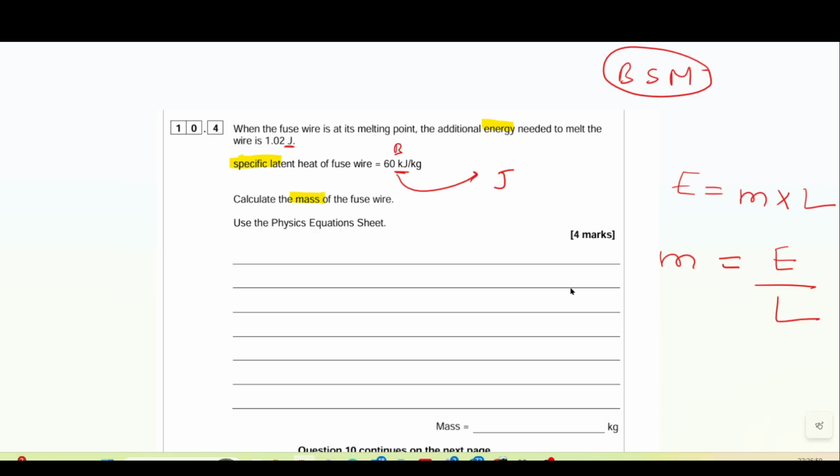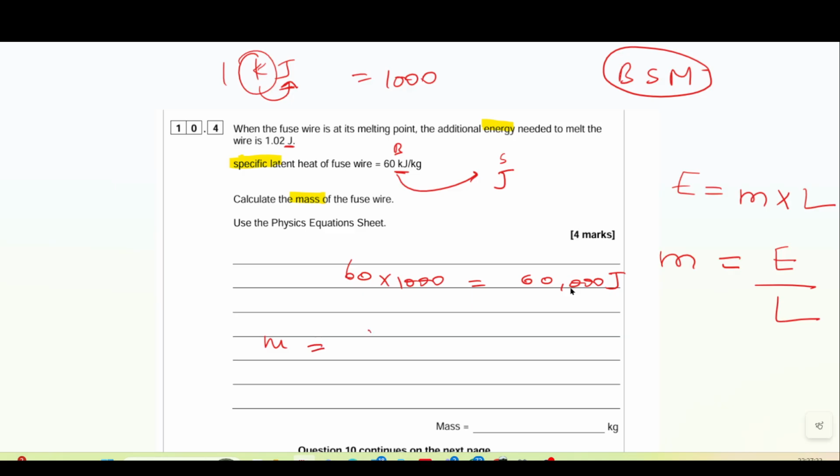Kilojoules is bigger than joules, so we are converting a bigger unit into a smaller one, so multiply. 1 kilojoule is 1000 joules. Whenever there is kilo, it is mostly 1000. So 60 times 1000 is 60,000 joules.